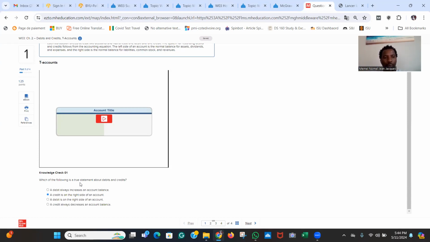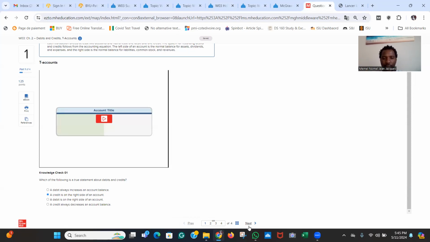When you read the different options, the right option is that a credit is on the right side of the account. This is my right side, which is the left side from the screen. So the right side is the credit side. Do you get that point?